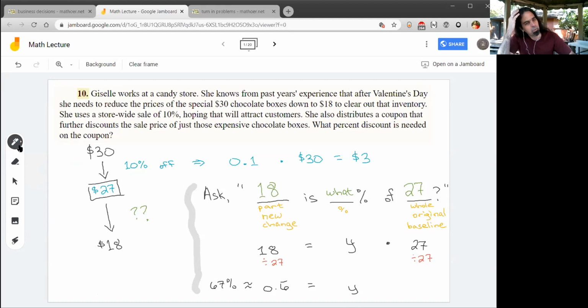So what we found is that this is 67% that remains when we go from 27 to 18. So what percent actually went away? That would be the 100 minus 67. 33.